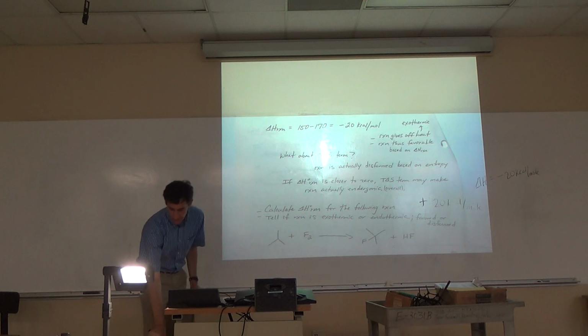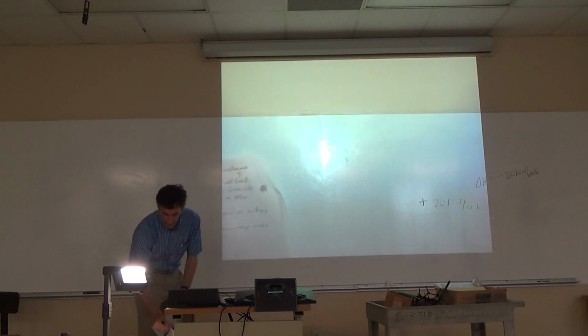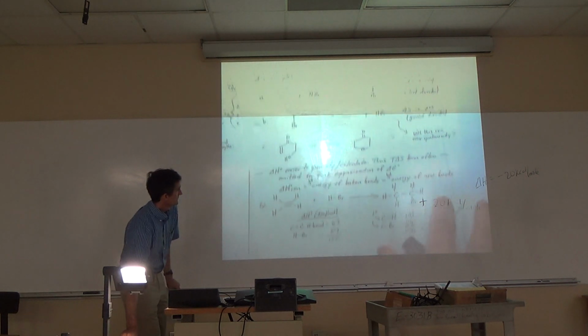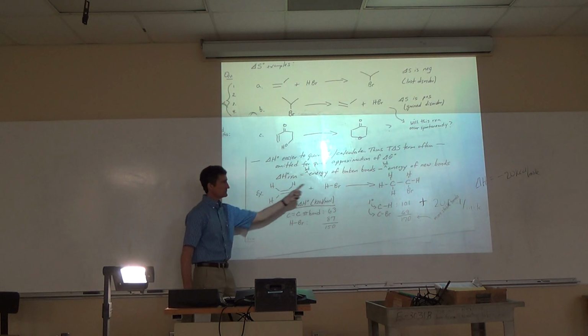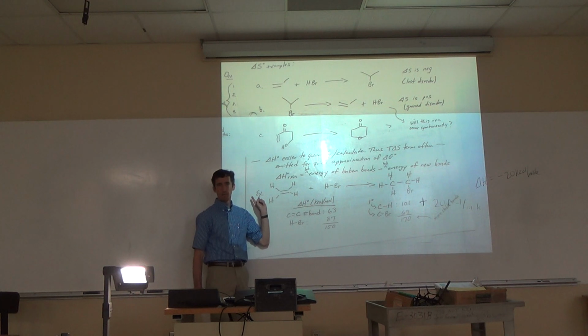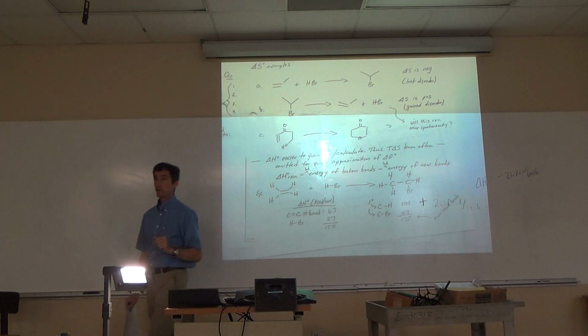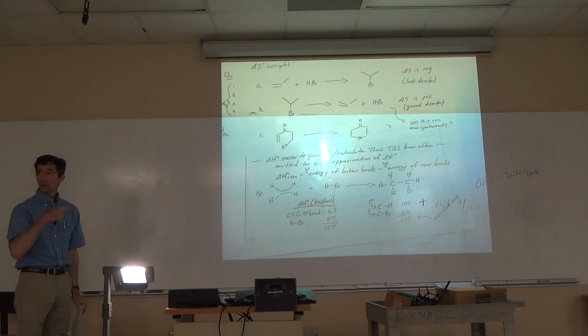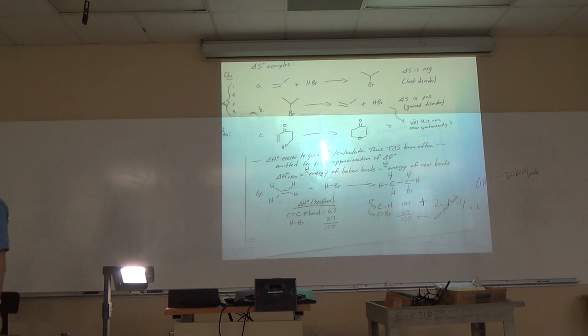Is delta S favorable? We did examples up there. How about here? Is delta S favorable? No. Why not? Two molecules reacting to make one. That's gaining order. That's not gaining disorder. Favorable by delta H, not favorable by delta S.